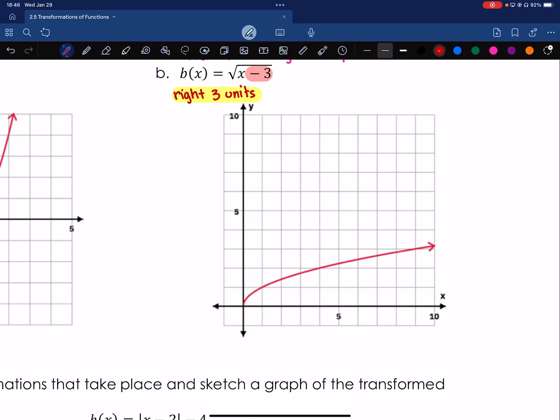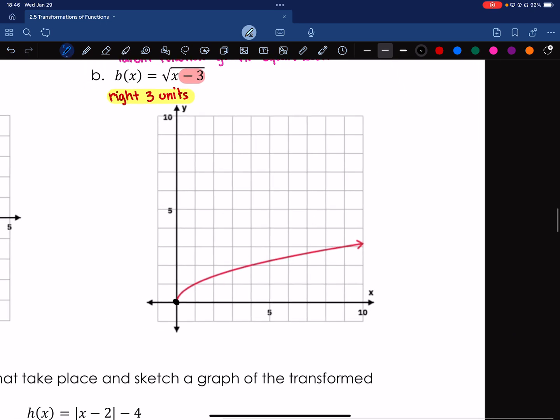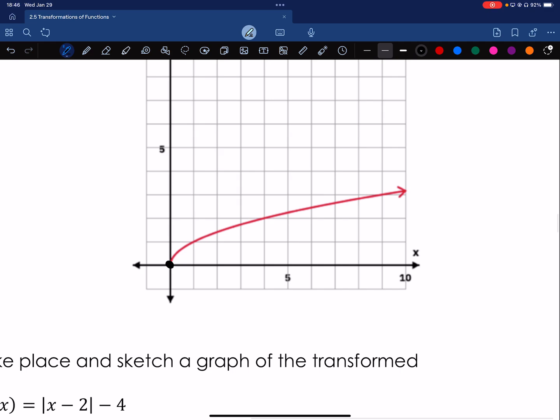It's just you can't be super exact with decimals. So if we look, again, it goes through 0, 0. So if we really wanted to, we could just start there and just move it to the left 3 units. Okay, so if we're going to the left 3 units, 1, 2, or sorry, to the right, I would have my new point right there at 3, 0.